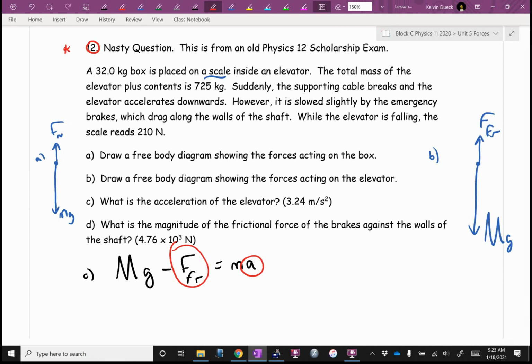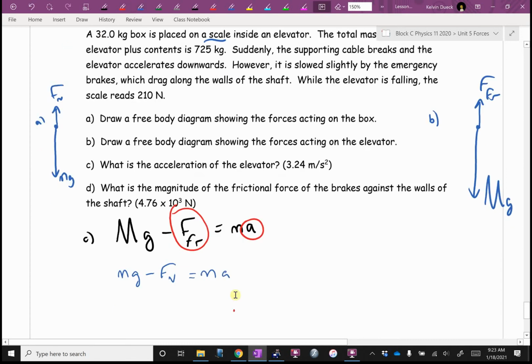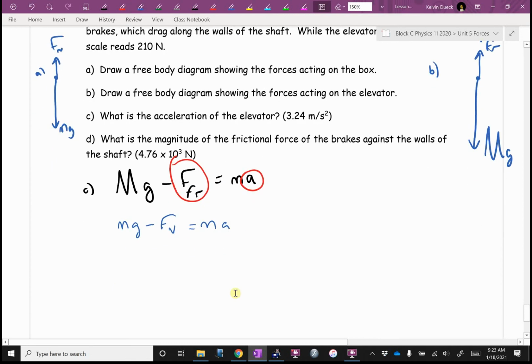You know what I'm going to find? The acceleration of the box, which is going to be the acceleration of the elevator. So I said, okay, who's winning? mg minus normal force equals ma. And I said, well, that's doable.